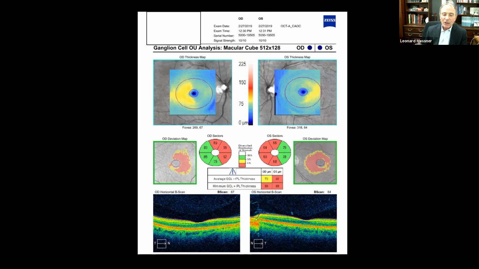And indeed, we see similar homonymous thinning of the ganglion cell complex among individuals with retrochiasmal disorders. But in those instances, the visual fields are typically more demonstrative. And quite frankly, that's a subject for further discussion beyond this evening's talk.